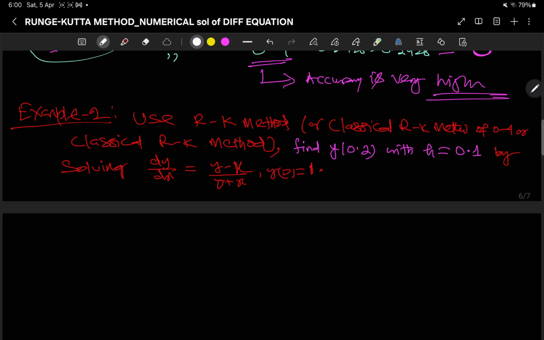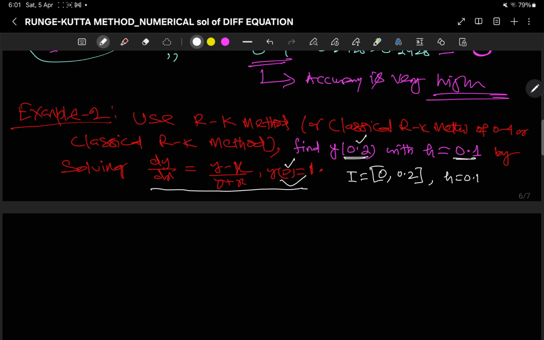Now you see, we are given this differential equation, y0 is equal to 1, and we have to find y of 0.2, that is, solve in the interval 0 to 0.2, because we start at 0 here, and we have to get y of 0.2, right, with the increment h equal to 0.1.